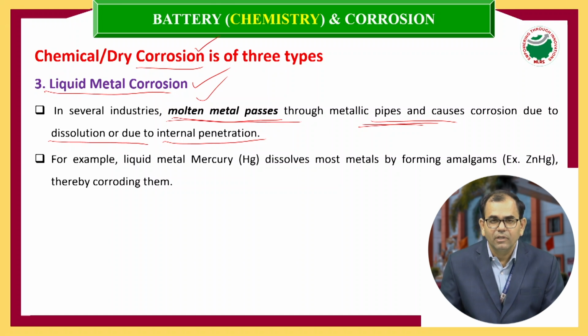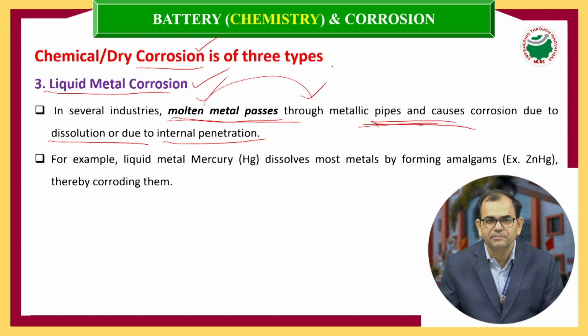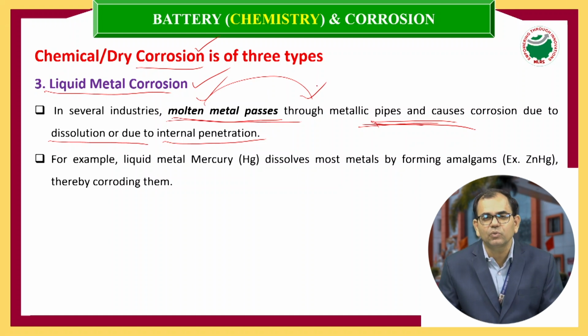Very simple. Any metal upon heating at high temperature will be converted into liquid metal. Once that liquid metal is formed, it will be pumped through the pipes, and if those pipes have any minute manufacturing defects like cracks, voids, or holes, this liquid metal will occupy those cavities, and ultimately lead to corrosion at that void, crack, pit, or damage.